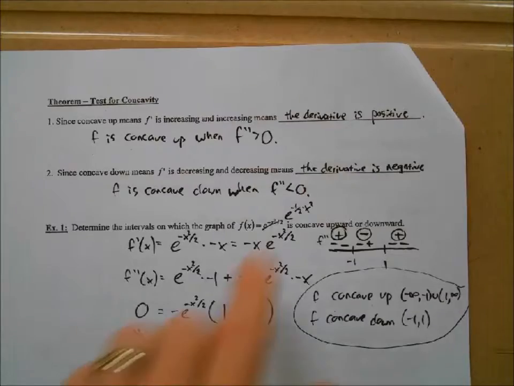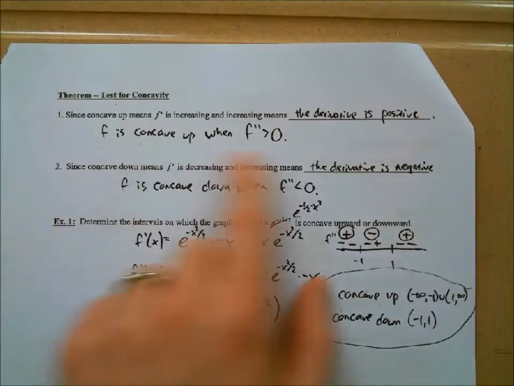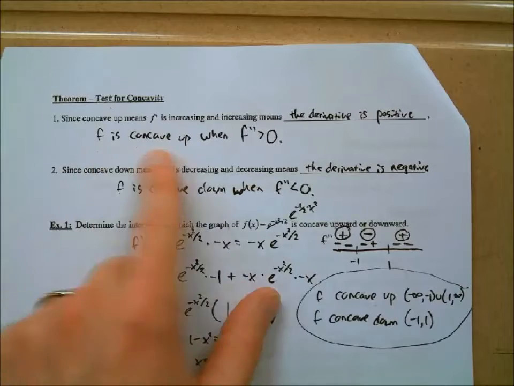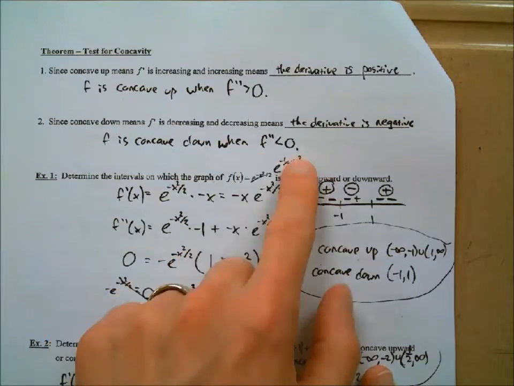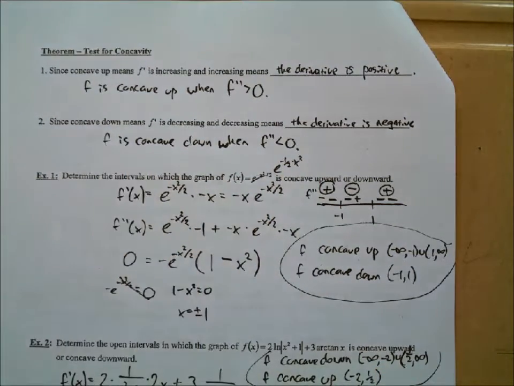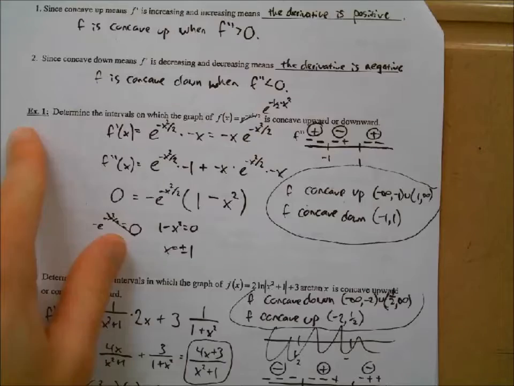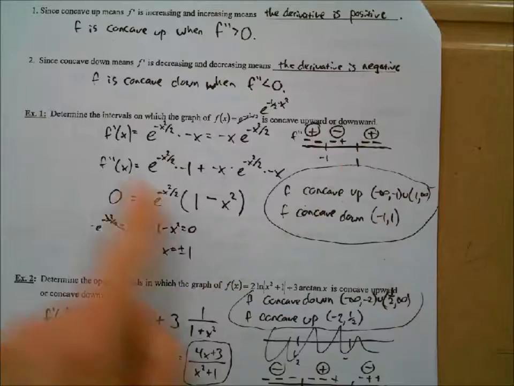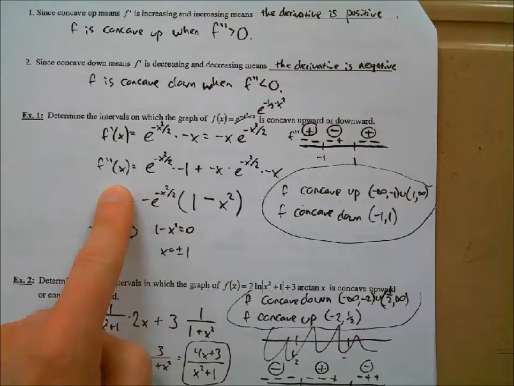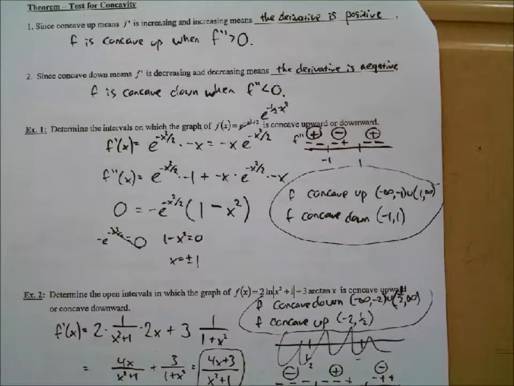If you recall yesterday, where the second derivative is positive, we know the original function will be concave up. Where the second derivative is negative, the original function will be concave down. Okay? So using that information, we did something like example 1. To determine the concavity, we took the second derivative of our function, set it equal to 0, also where it doesn't exist, to find those kind of like critical points, if you want to think about it in that sense.